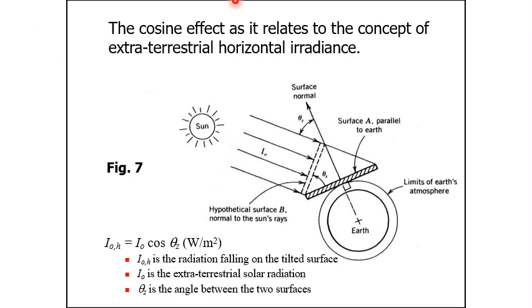So on a horizontal surface, the effective irradiance is reduced by the cosine of the zenith angle. So I naught H is the radiation falling on the tilted surface, and I naught is the solar constant or the extraterrestrial solar radiation, and theta z is actually the zenith angle or the angle between the two surfaces.